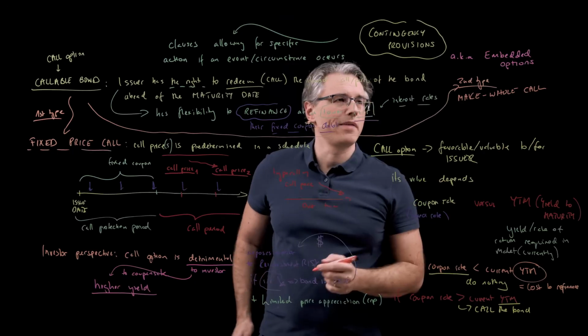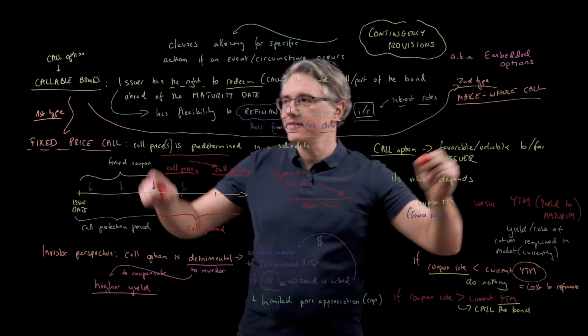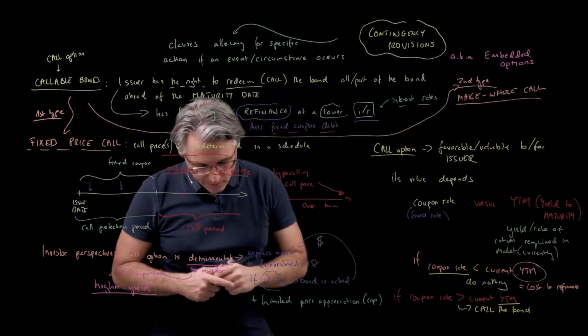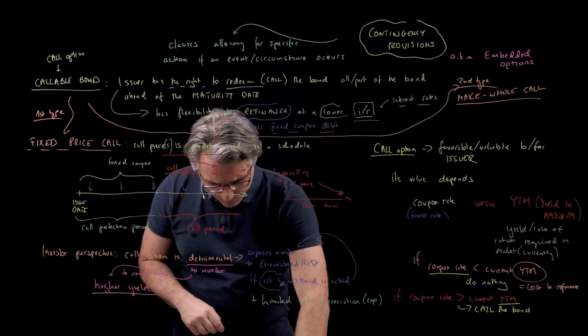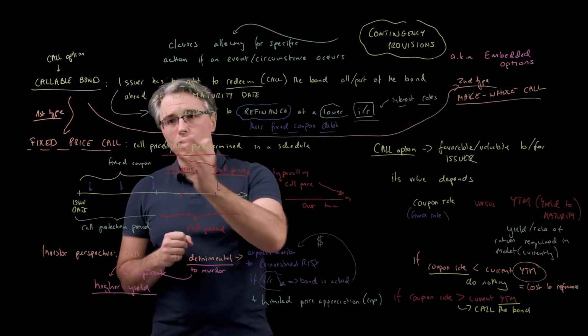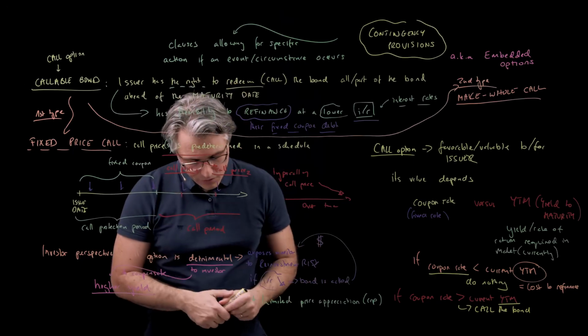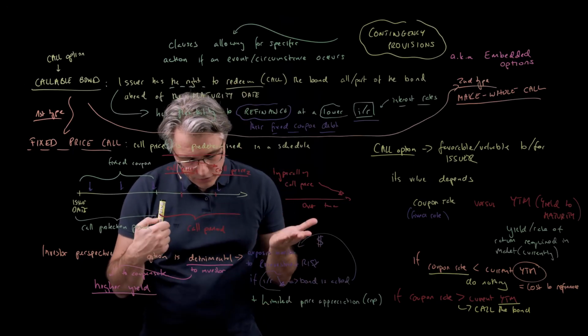It's a bit of a mouthful, isn't it? Make whole call. And it's different to the fixed price call. Here, you don't know upfront what the price at which the bond is going to be called is. So it's actually a floating price.